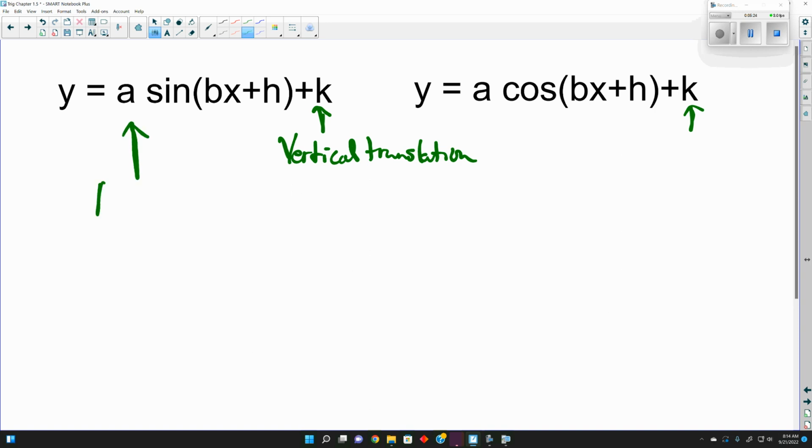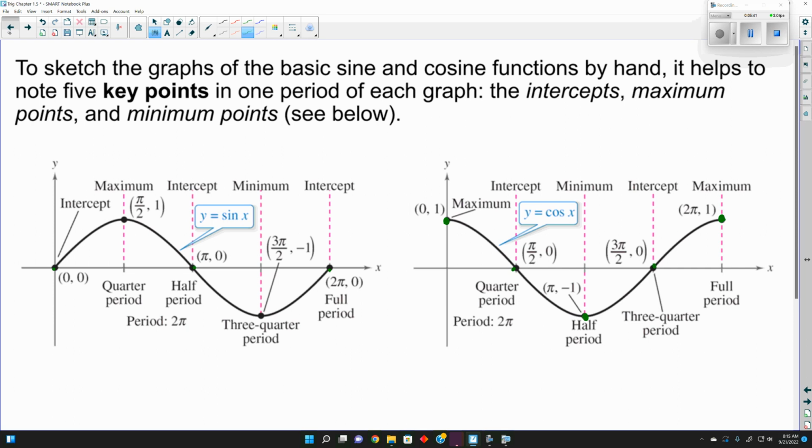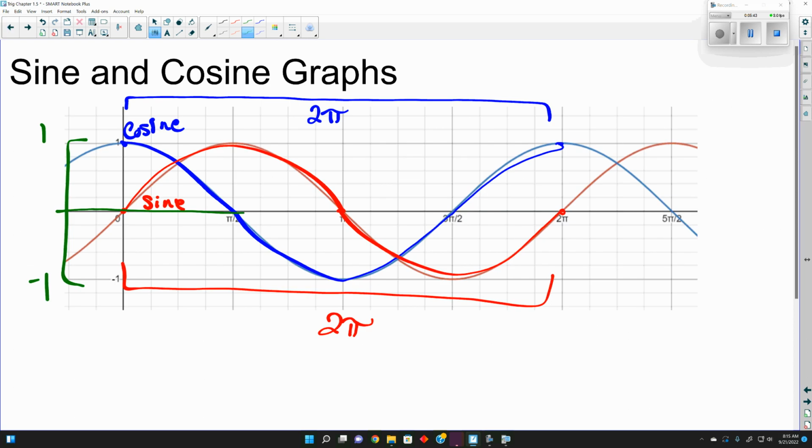A is our amplitude. And this value, this amplitude, is going to be the amount that we increase from the center of the function. Now, for most of our sine and cosine functions, I'll look back at this here, they're talking about where it cuts to the center. So for this here is the x-axis. And the distance from the center to the maximum point is 1.